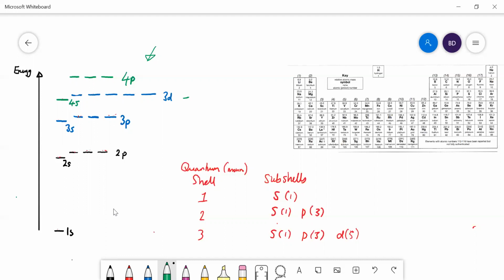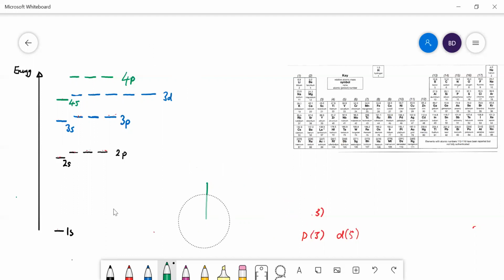So let's have a look at our periodic table and see what's going on there. Right, here's our periodic table. So far we have done up to argon.